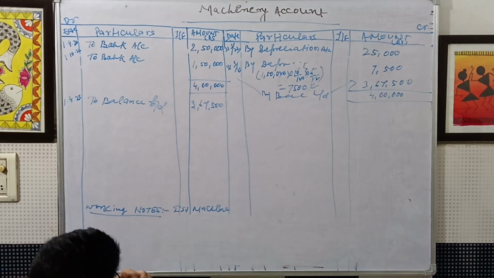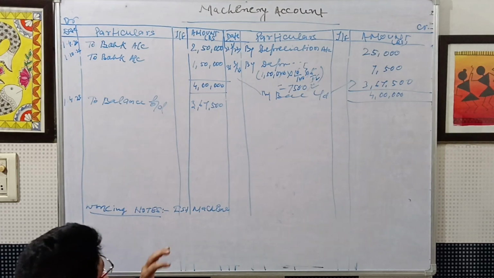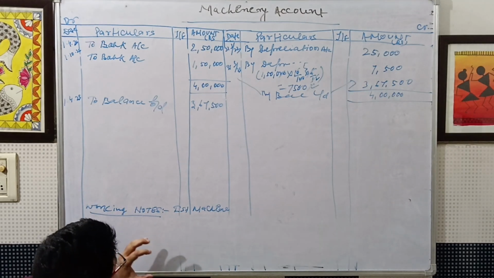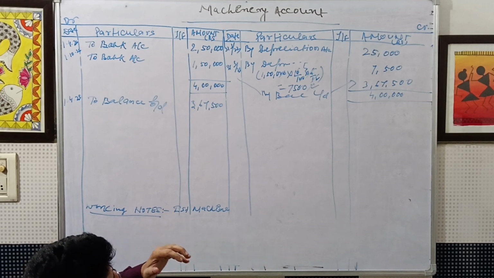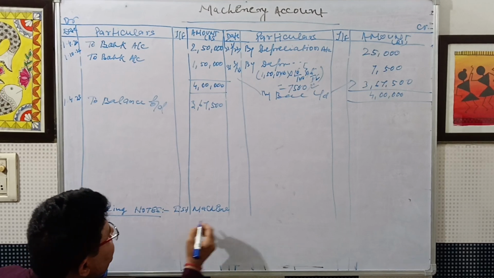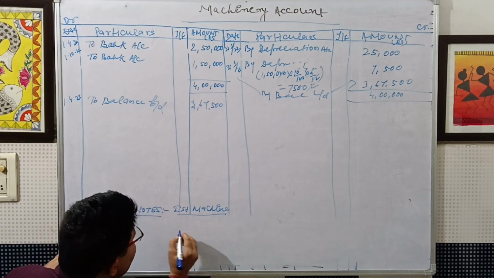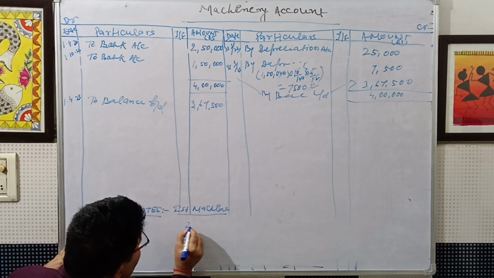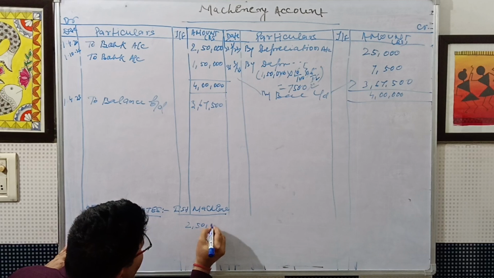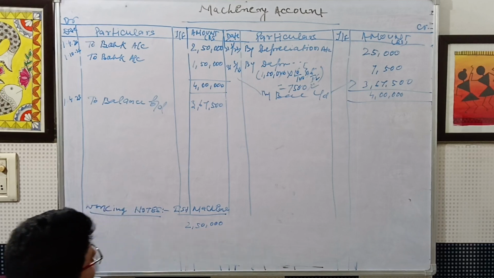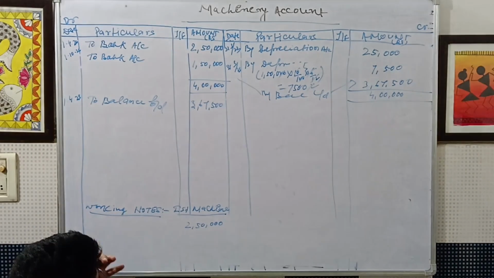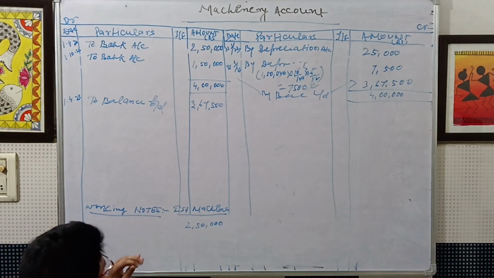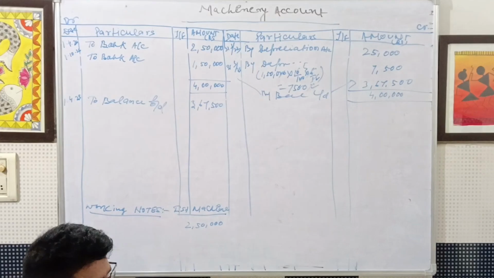My dear friend, it is very important to understand the working note. If you understand working notes, you can solve this kind of depreciation problem easily. So first machine value how much? 2,50,000. I already told in previous classes in the depreciation chapter the two key points.